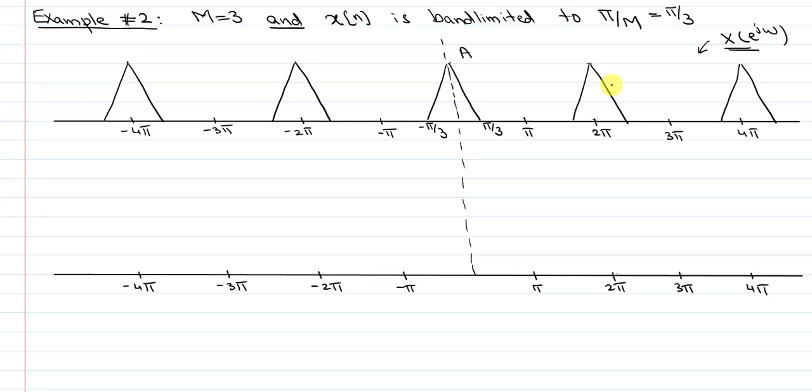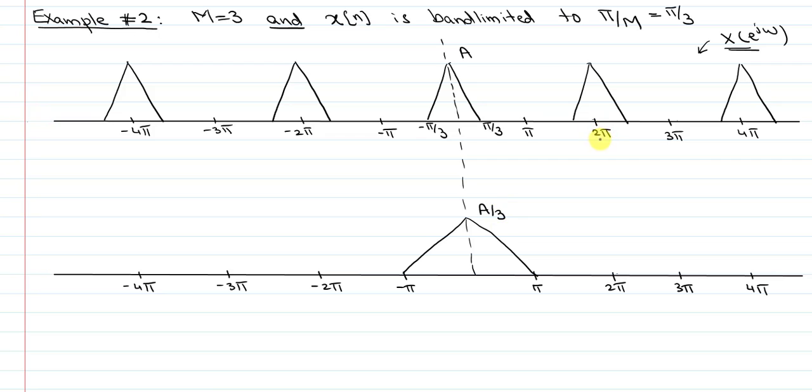The first copy will basically scale your Fourier transform. Whatever is between minus pi by 3 and pi by 3 will get stretched to minus pi to pi. The height will get stretched to A by 3.